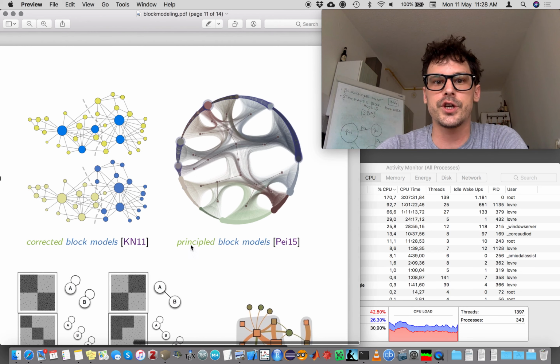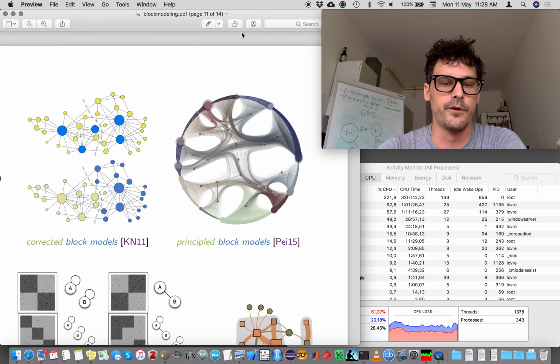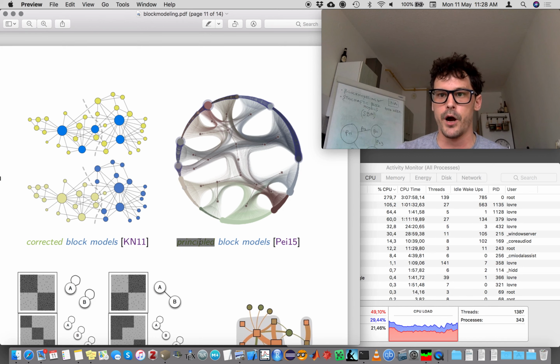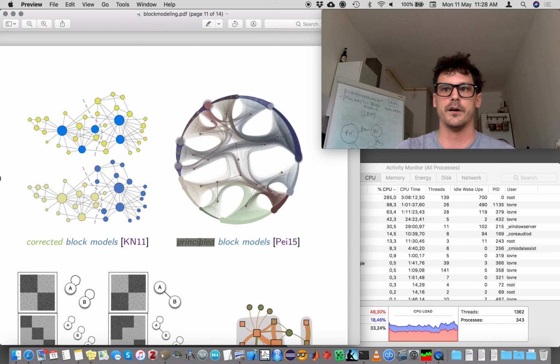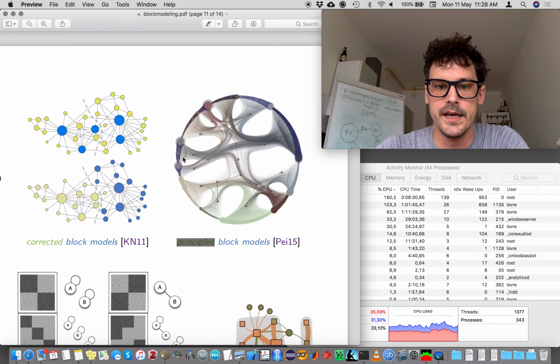I also mentioned that Peixoto is the main author of these approaches nowadays, and he basically defined some principled approaches how to infer group structure based on block modeling or block models, and he usually infers the structure in a hierarchical manner, as you can see in this figure here.